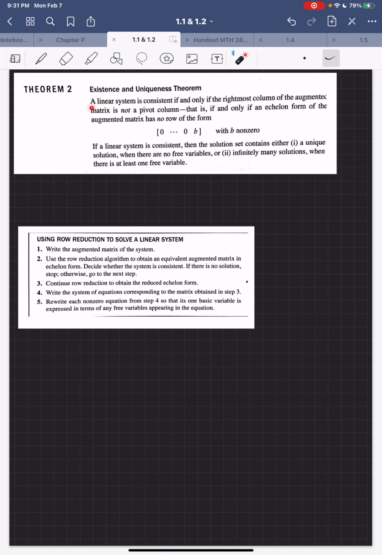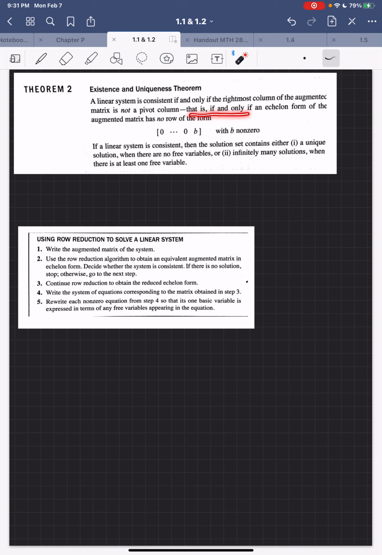It says a linear system is consistent, right, at least has one solution, if and only if the rightmost column of your augmented matrix is not a pivot column.